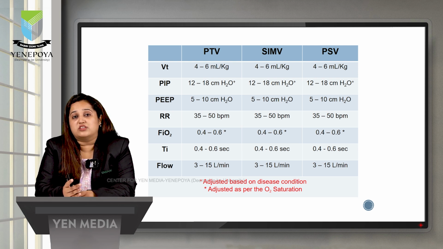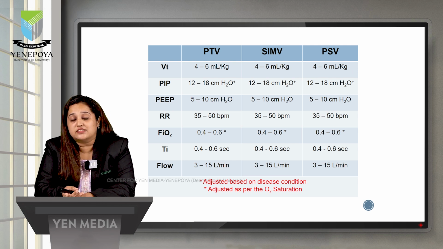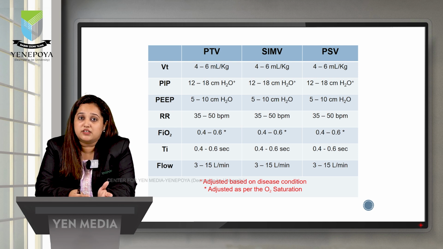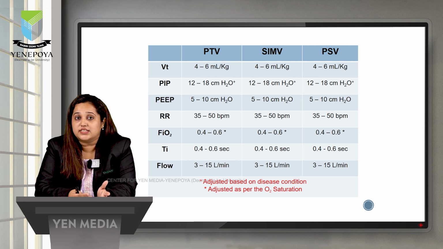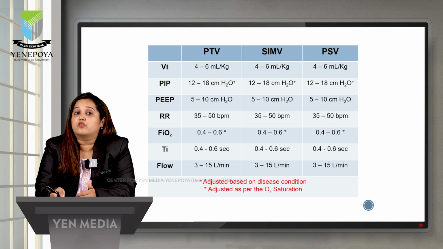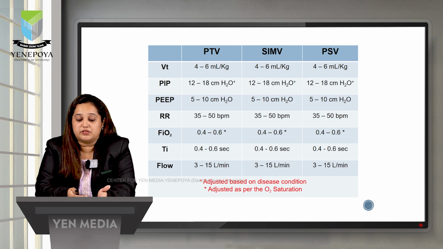So flow for term babies can be somewhere around 10 to 15 liters, and for preterm babies it can range somewhere from 5 to 8 liters per minute, and if they are very preterm you can go as low as 3 liters per minute. So the flow can be adjusted depending upon the age of the baby. Is it a preterm baby or a term baby?